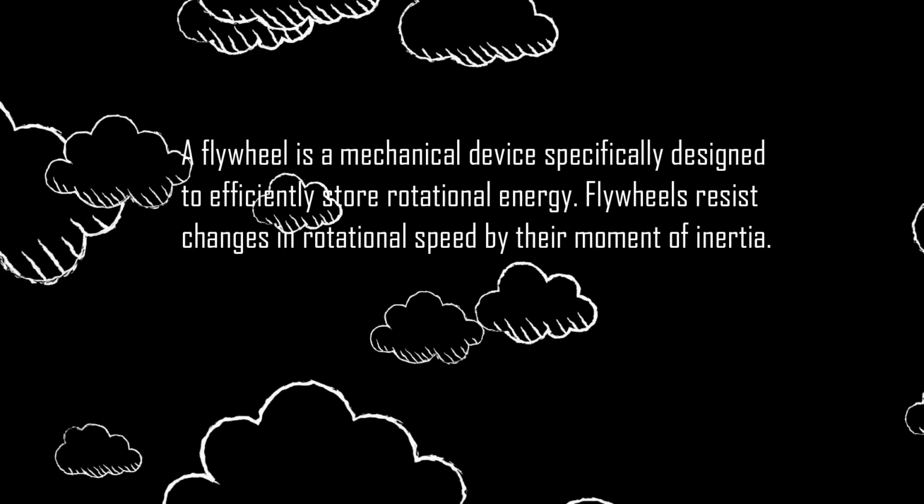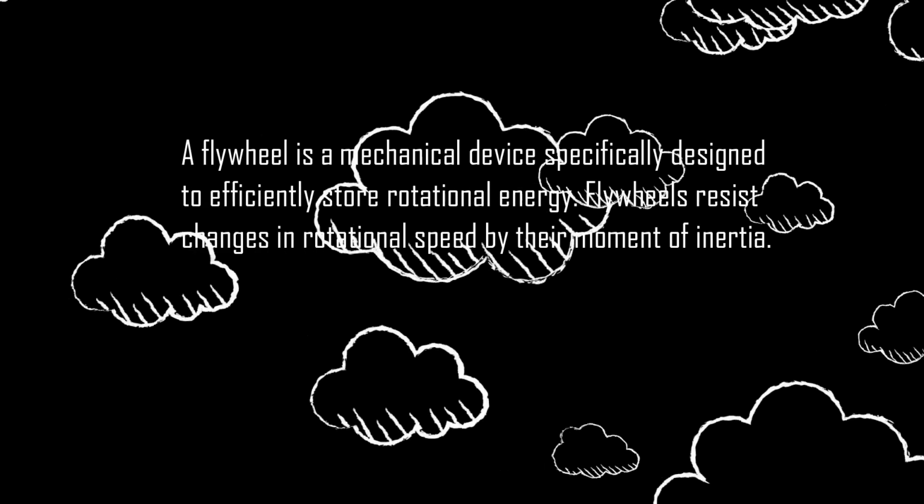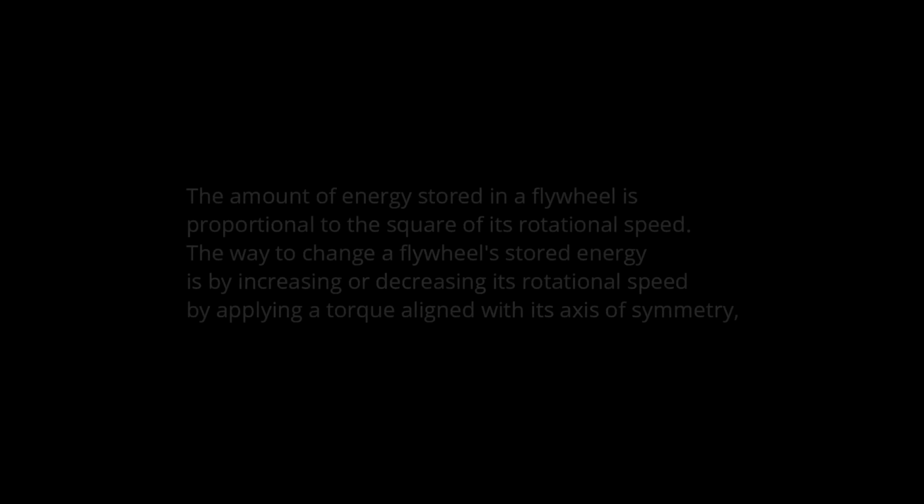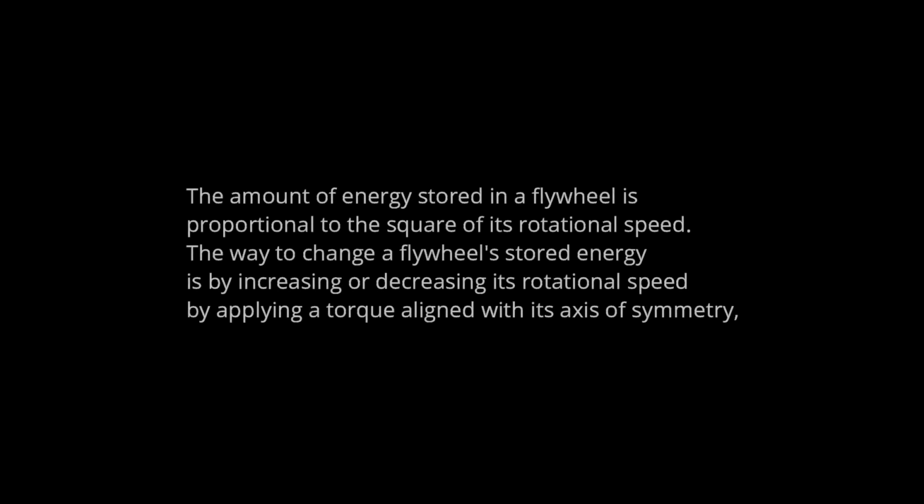Flywheels resist change in rotational speed by their moment of inertia. The amount of energy stored in a flywheel is proportional to the square of its rotational speed. The way to change a flywheel's stored energy is by increasing or decreasing its rotational speed by applying a torque aligned with its axis of symmetry.